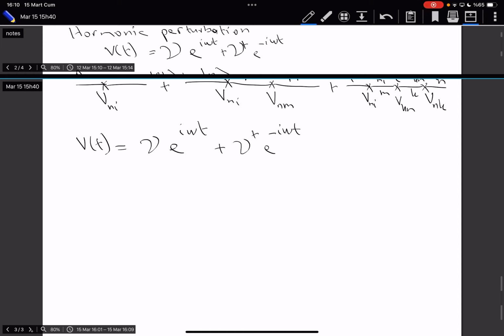So the first order term is usually dominant. So we need to find C1 of t, which would be just plus i over h bar integral dt prime, let's say from 0 to t. T will be large.